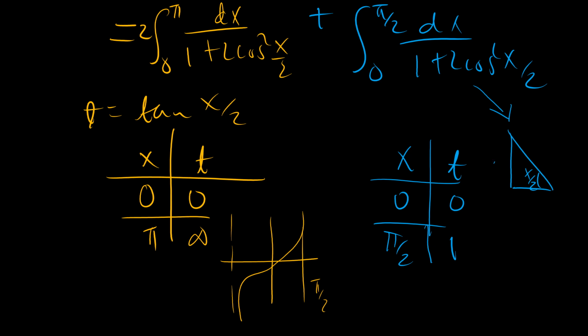And tangent is opposite over adjacent, so the hypotenuse becomes square root of 1 plus t squared. So cosine squared x over 2 is the same as 1 over 1 plus t squared.